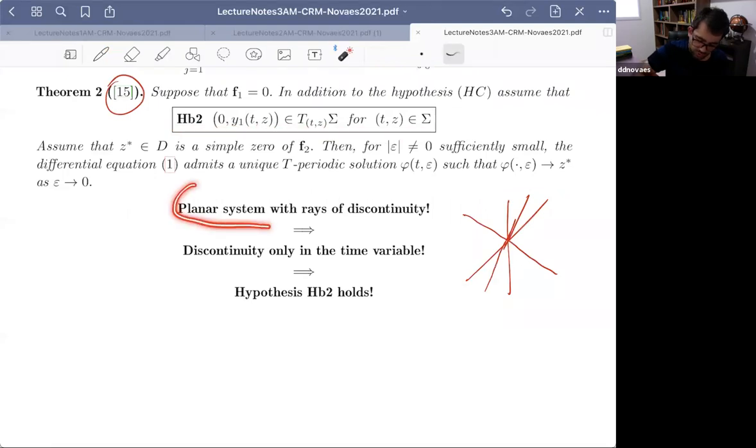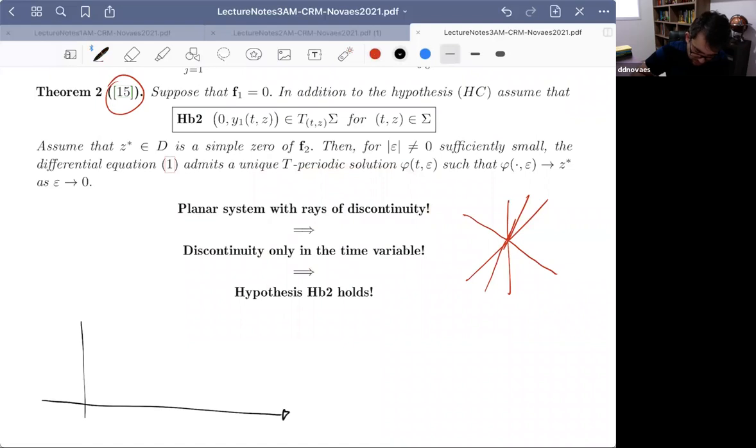Because when we are working with planar systems with rays of discontinuity, when we perform a polar change of coordinates, what you get are discontinuous systems, but the discontinuity is located only at the time variable. And for this kind of system, this condition always holds. And why is that true? Let's see.